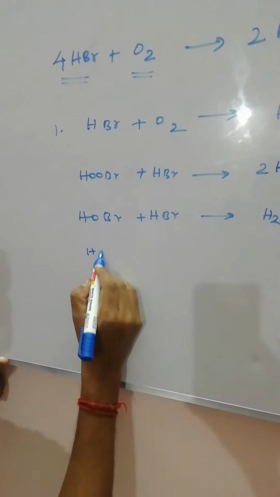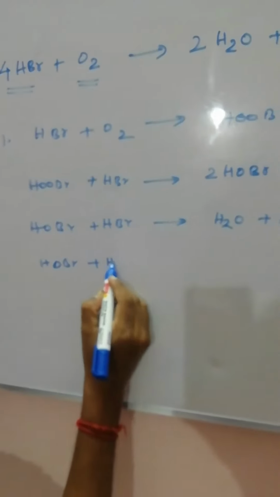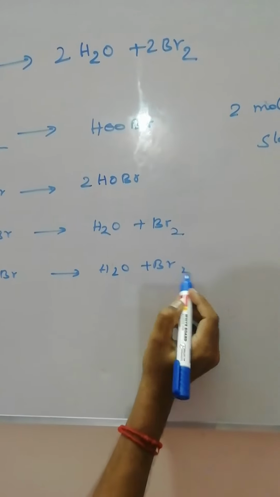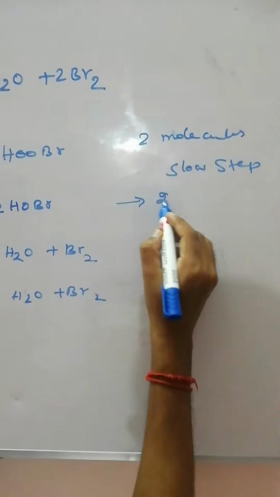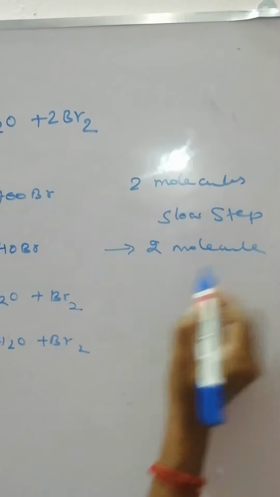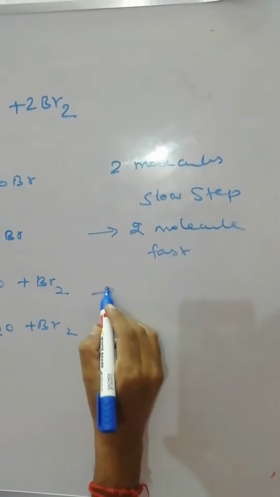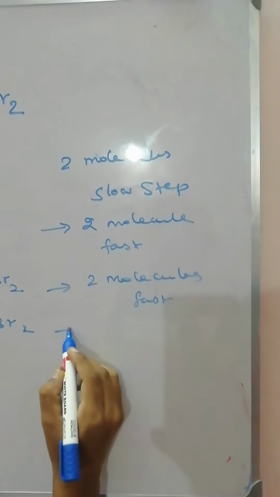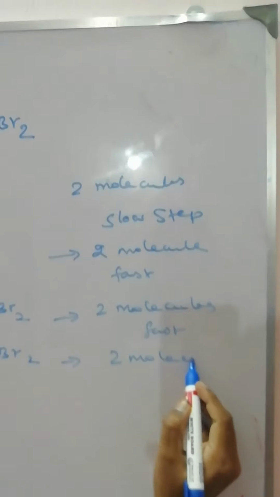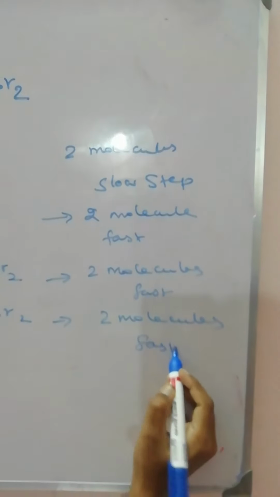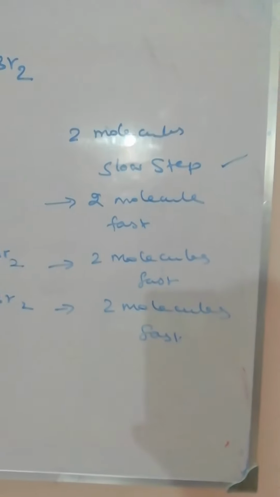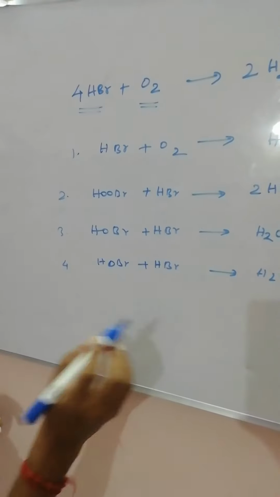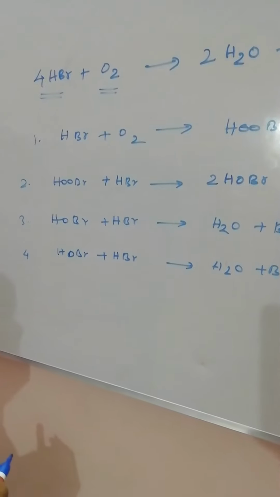Again HOBr plus HBr gives H2O plus Br2. These are the fast steps. Two molecules involved here, fast step. Here also two molecules involved, fast step. Here also two molecules involved. So it is a bimolecular reaction. The first step is a slow step because it starts the reaction. That step is called the rate determining step.